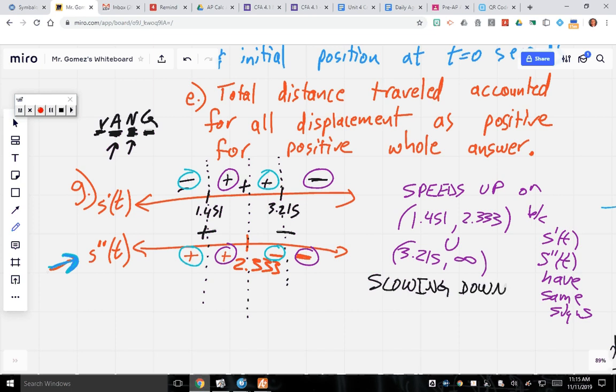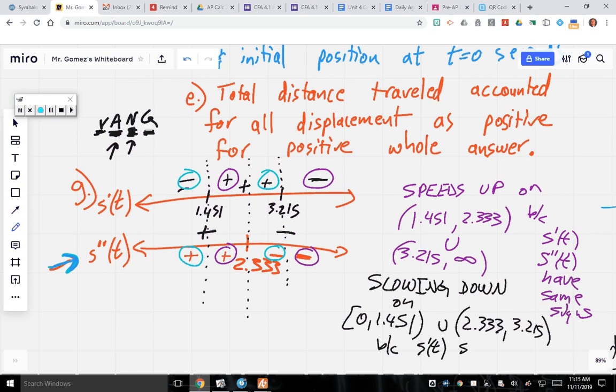Slowing down on 0 to 1.415, and this is going to be parentheses and bracket on 0, union, what? 2.333 all the way to 3.215. And the reason is opposite signs. S prime of t and S double prime have opposite signs.